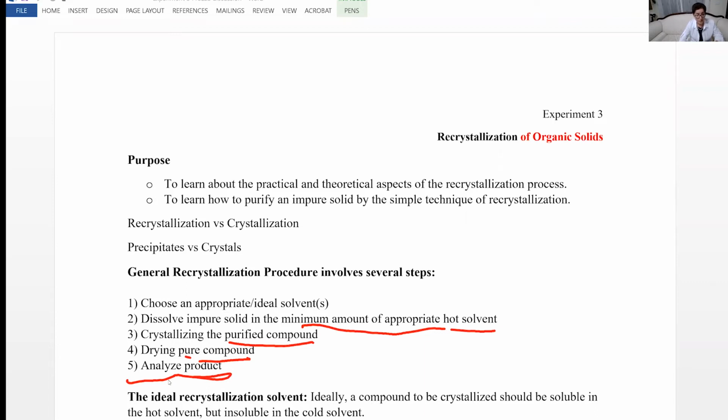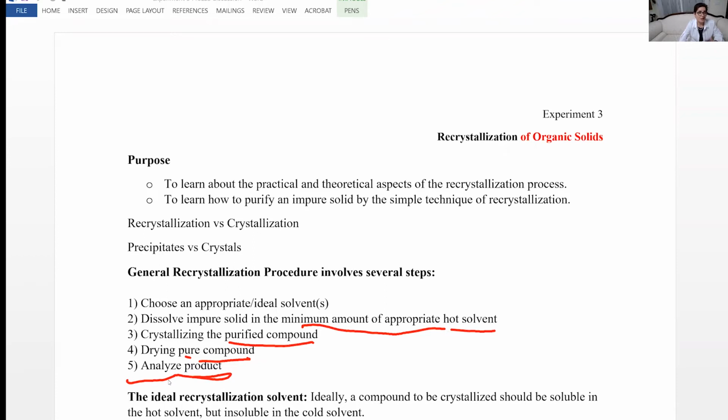You analyze your product by measuring the melting point. When you measure the melting point of the sample that is not pure, you would get broad range of melting. For a pure sample, you would get a sharp range of melting. If you know the name of your compound, there is a literature value for the melting point of that compound.